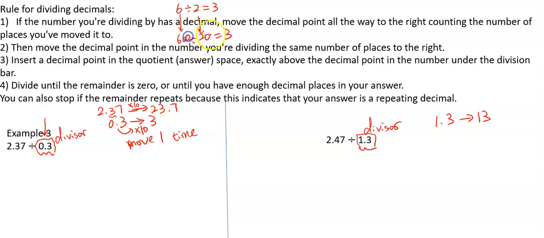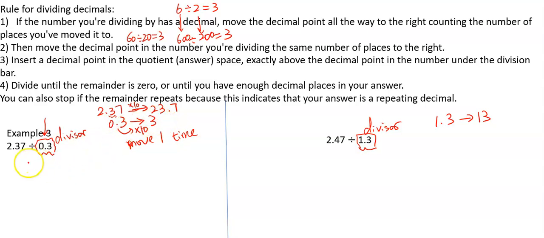Or you can increase both of them 100 times, and the answer is still 3, because 2 goes into 6 3 times, 20 goes into 60 3 times, 200 goes into 600 3 times, or 2,000 goes into 6,000 3 times. When we do that, the answer doesn't change. So that's why we are allowed to increase both numbers 10 times.